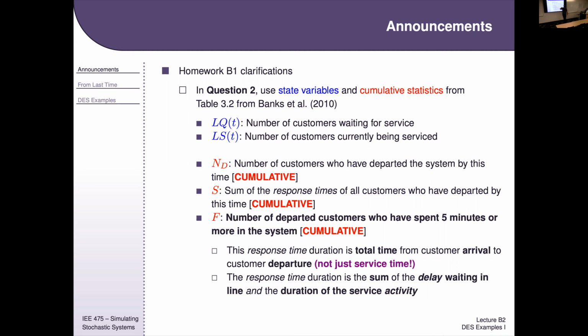Response time is the service time plus their delay in waiting to start service. That's why you have to subtract the arrival time from the departure time to get their total time in the system. And that is what you're then checking against. If that number is greater than or equal to 5, then you increase this F number when they depart. Otherwise, you don't increase F, but you always increase ND. So those are some clarifications on that.